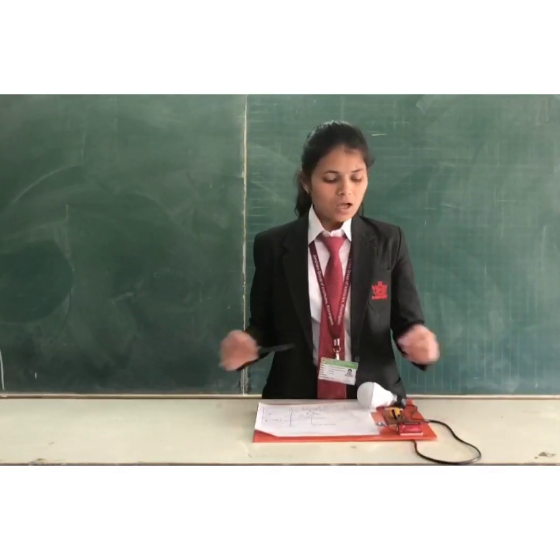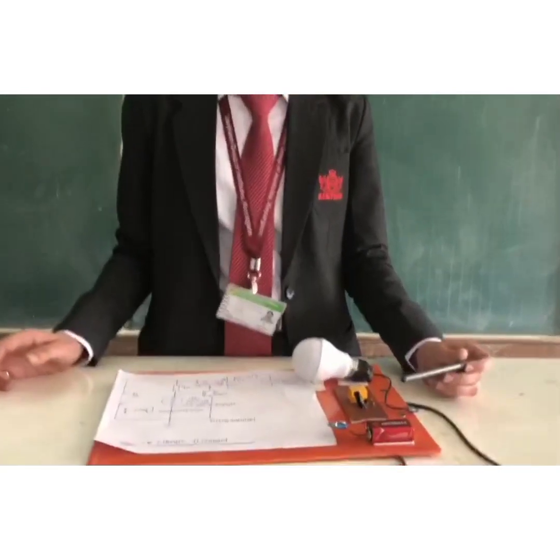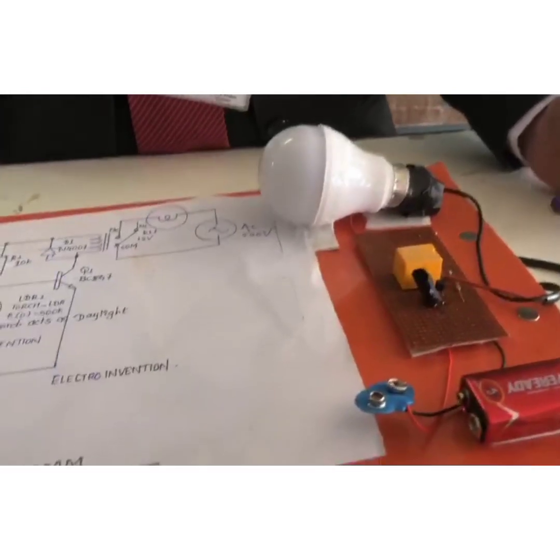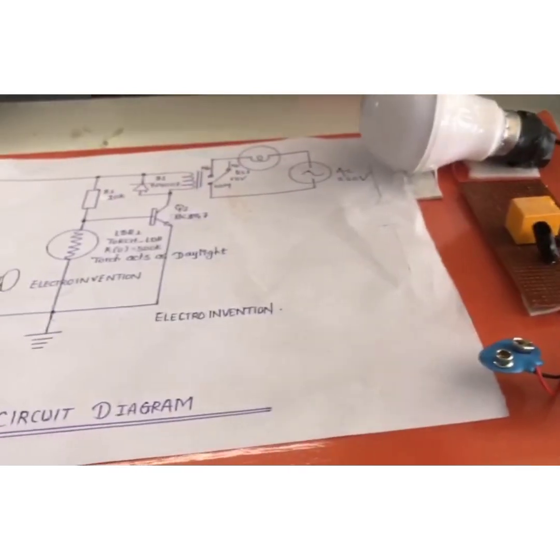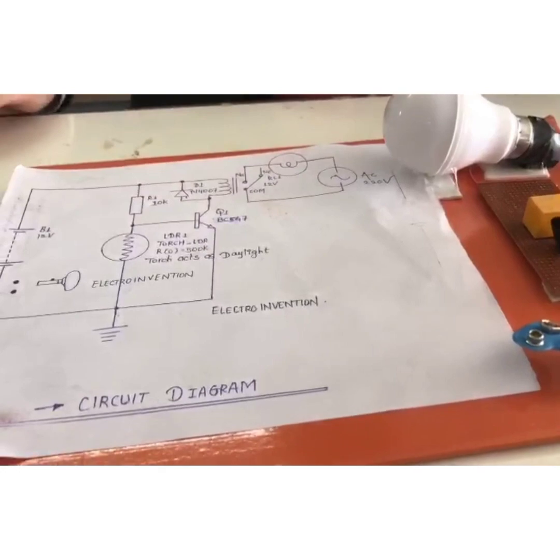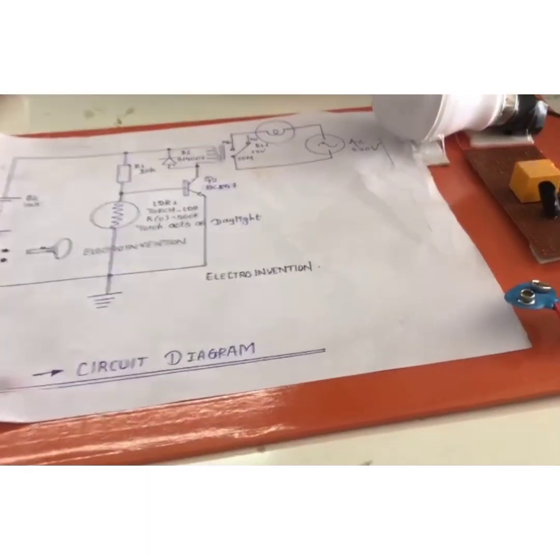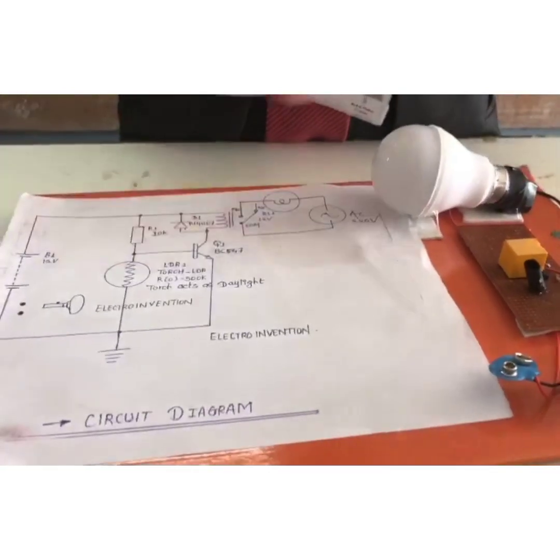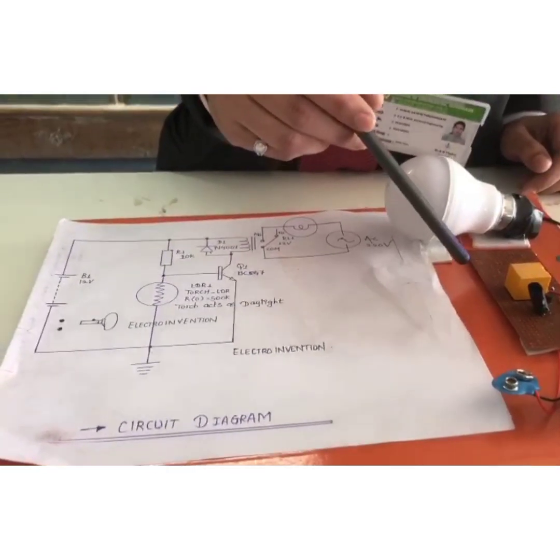The current path is: first the positive of the 9 volt battery is connected to the 10K resistor, and the 10K resistor is connected to the LDR, and the LDR is connected to the ground. So the current through the 10K resistor cannot flow through the LDR.